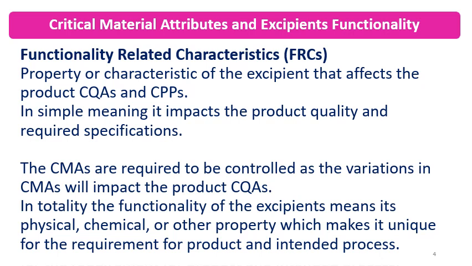The CMAs are required to be controlled as the variations in CMA will impact the product CQAs. If the CMAs are varying, then these variations in the CMAs of the material will have an impact on the product performance, that is the product CQAs. CQAs are the critical quality attributes like assay, dissolution, stability or impurity profiling, and the intended use.